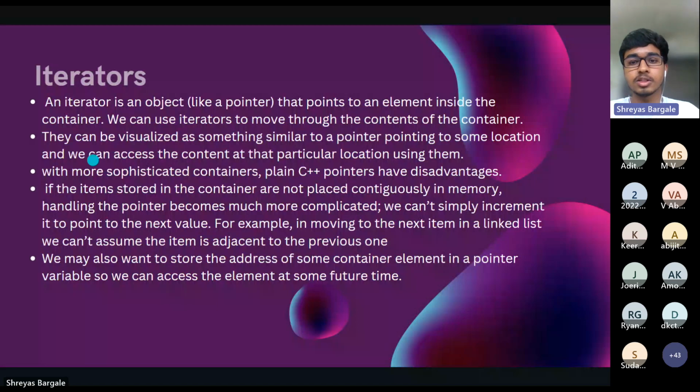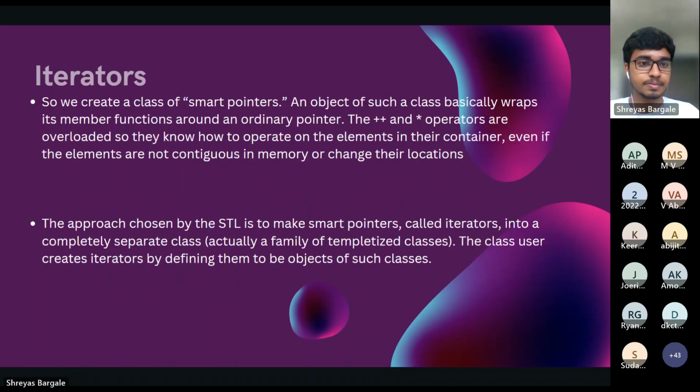That's why we want some special kind of pointer which will help us access elements in the container the way we do using pointers for an array. So the basic operations like plus plus and star are overloaded so that we can just use them how we use regular pointers.